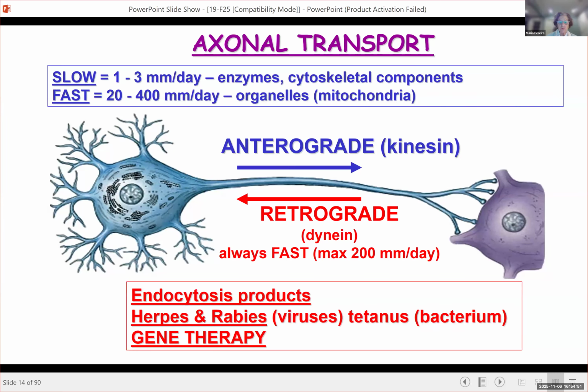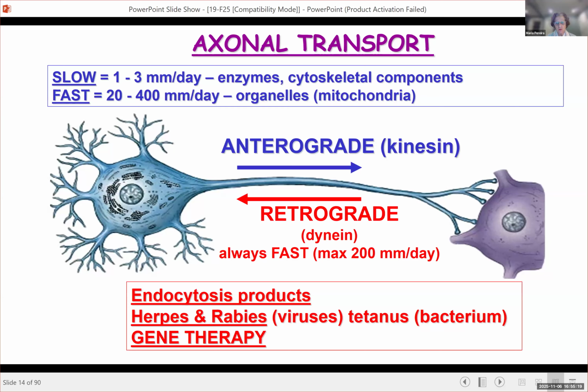So they need to be transported all the way to the cell body, where they take over the machinery to make more viral particles. So viruses such as herpes and rabies and bacteria such as tetanus, they come in through the axon terminals via endocytosis, and they are carried by dynein all the way to the cell body.